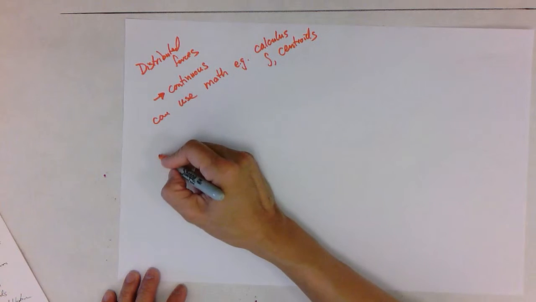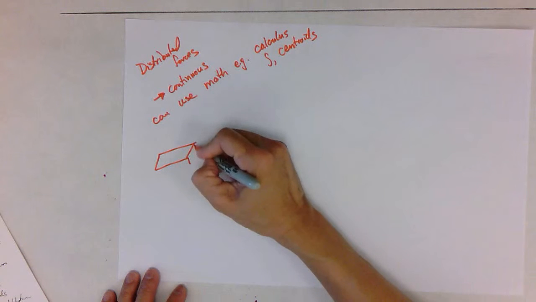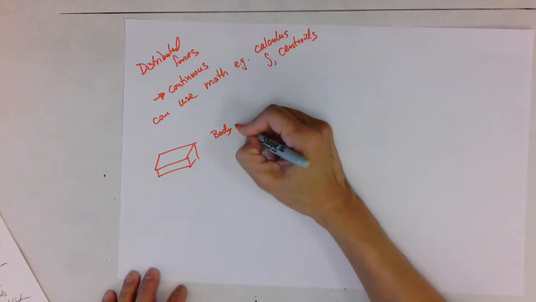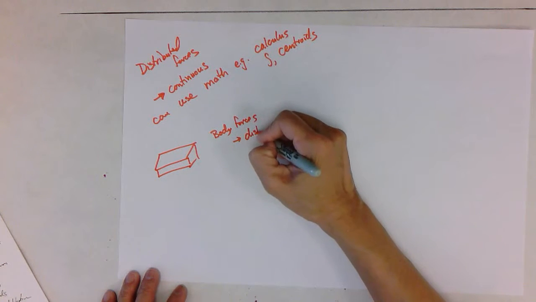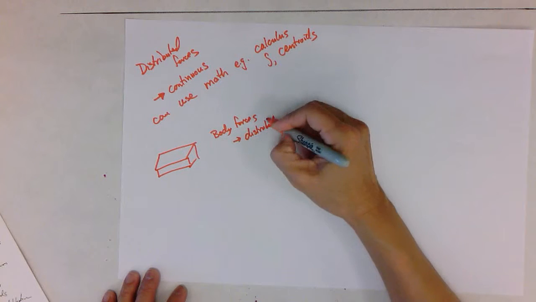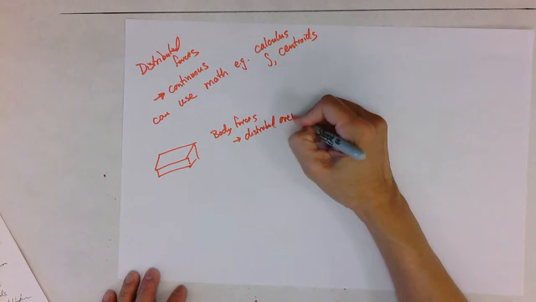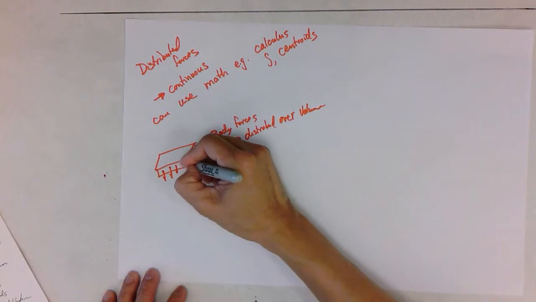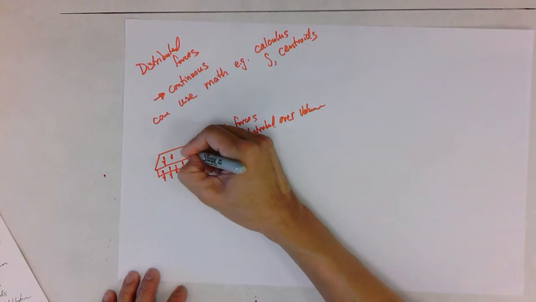Another example where this comes into play quite often is body forces, right? So body forces by nature are distributed over the volume, right? So every atom or molecule of this box has some gravitational pull on it.